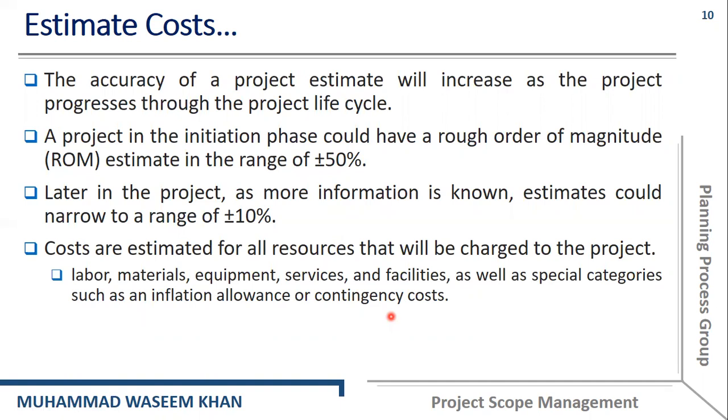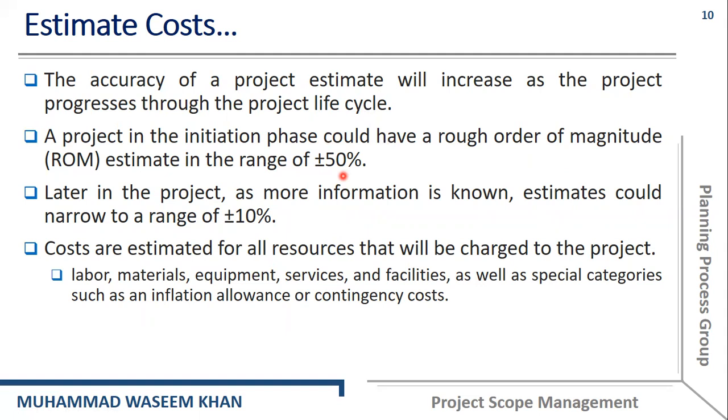The accuracy of the project estimates will increase as the project progresses through the project life cycle. A project in the initiation phase could have a rough order of magnitude estimate in the range of plus minus 50%.